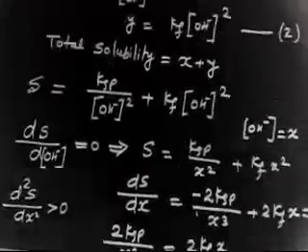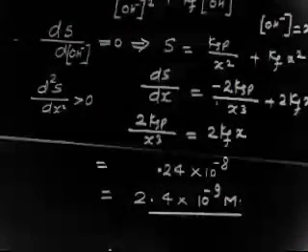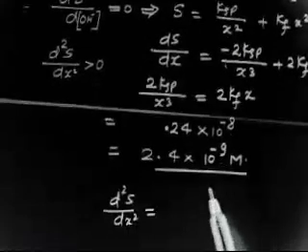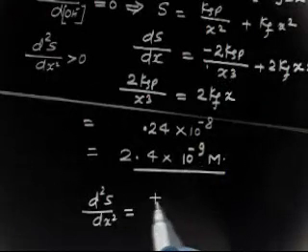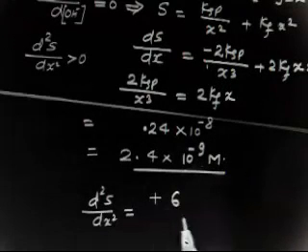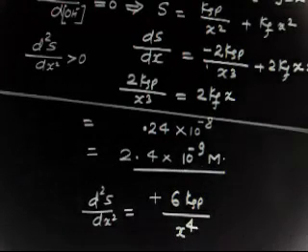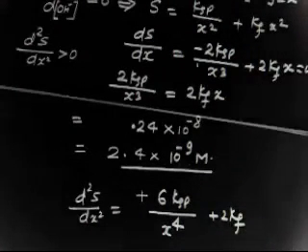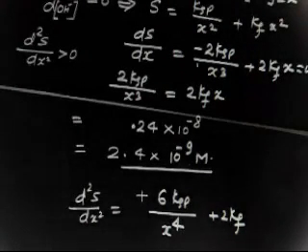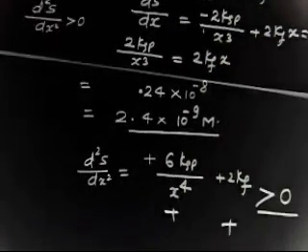So d²S/dx² is equal to, differentiation of x⁻³ gives minus, and minus of minus, so 3 into 2, that is 6 Ksp divided by x⁴. This is complete mathematics. And this is plus 2Kf. Now this is positive, this term is also positive, so this is greater than 0. So this is the condition of minimum.